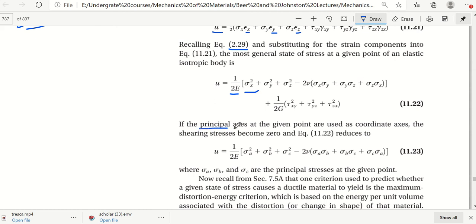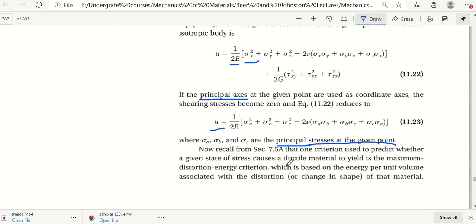If we consider only the principal axes as coordinates, then we know that on the principal plane shear stress is 0. There are only normal stresses. So replacing this x, y, and z by a, b, and c, this is the strain energy considering only the principal stresses at given point, right? So this is the total strain energy. This is the other form of expressing the strain energy density in terms of principal stresses.